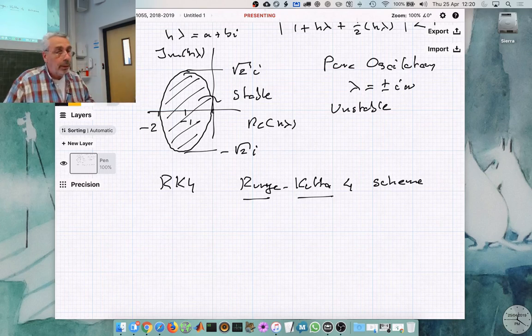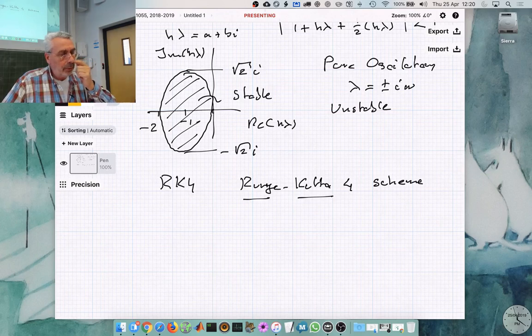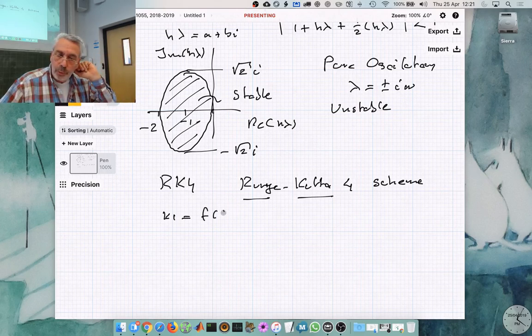And the Runge-Kutta scheme, I think most of you have already used it in your numerical methods class. It's a four-step method, and it just calculates 4 derivatives. The first derivative is, of course, at t_n, y_n.